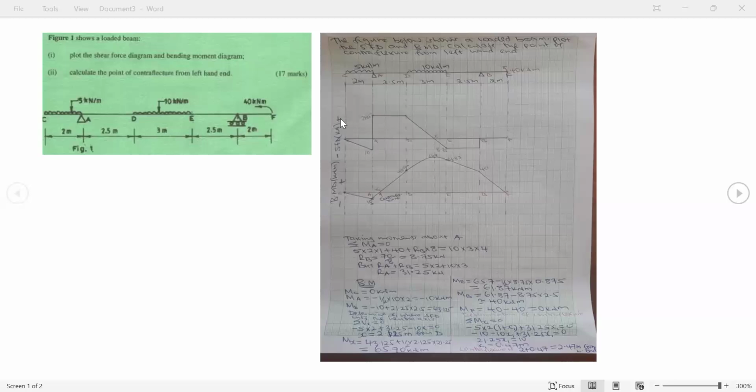And then plus, this plus means whatever I plot on the upper side of line CF is positive, whatever I plot on the lower side of line CF is negative. So I will start by saying shear force at C is 0. Here I have it here, 0.